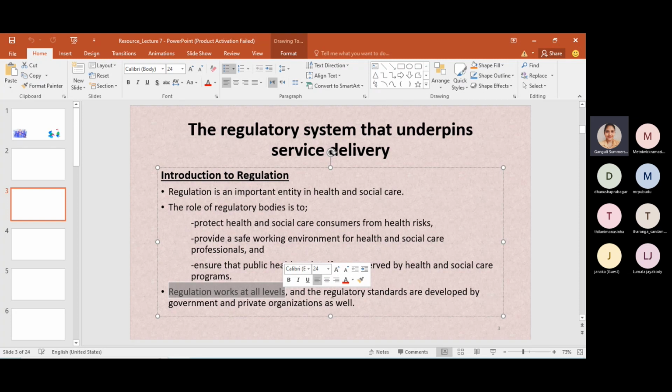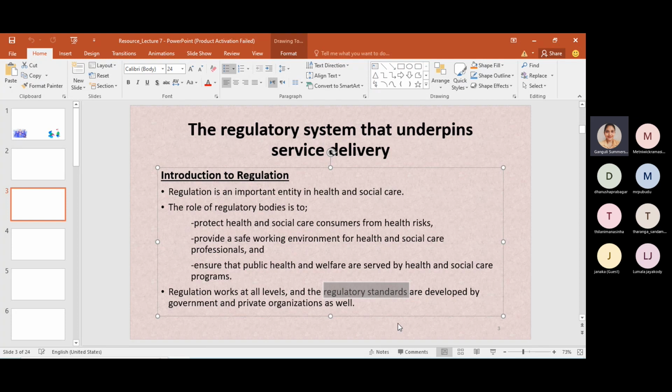And the regulatory standards are the rules or guidelines that you need to follow on a daily basis.